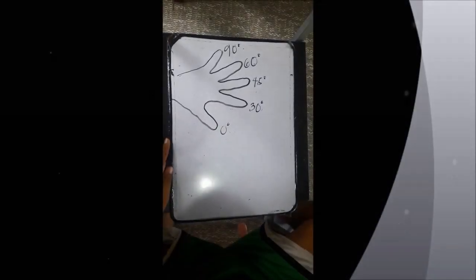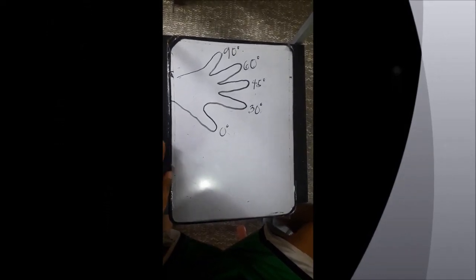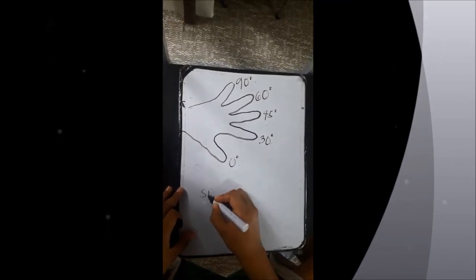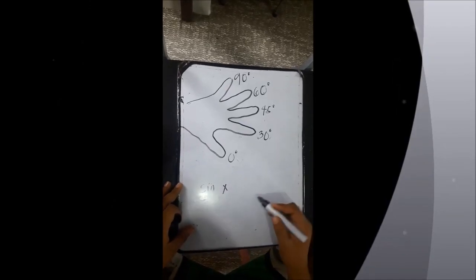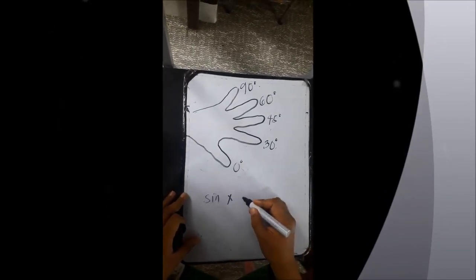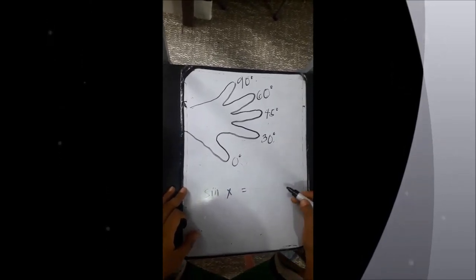Next ay ang procedure sa pagkuha ng either sine or cosine. So for example, kukunin natin ang sine ng angle x. So yung angle x ay isa sa mga special angles. Meron tayong i-recall or tatandaan na constants.